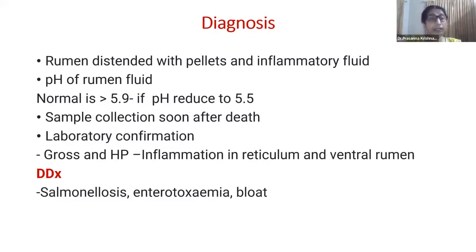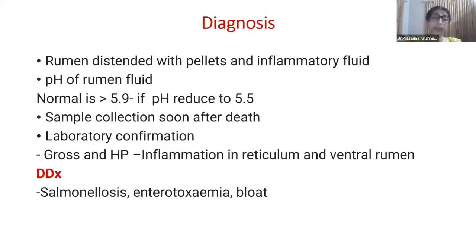And we can see the gross and histopathological lesions, where you can find inflammation in the reticulum, in the ventral rumen, and also in other visceral organs like liver and kidney, all giving inflammatory reactions or lesions. You have to differentially diagnose these conditions from salmonellosis, enterotoxemia, as well as bloat.